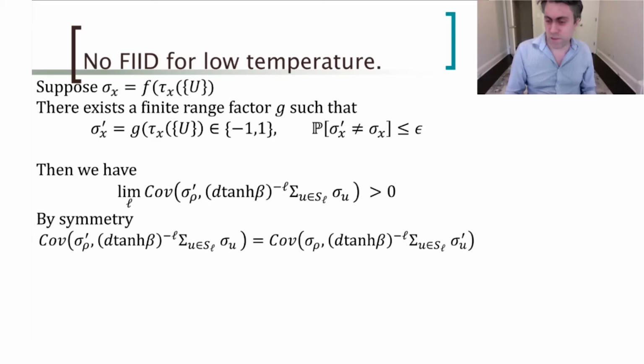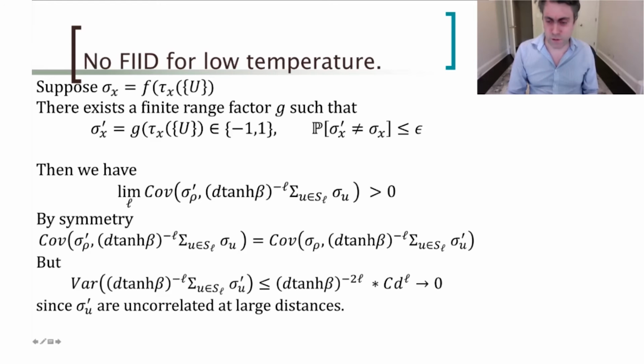So when we work out the covariance of the sum of the sigma primes, basically most of the covariance terms are 0. And so the variance of this term goes to 0 in this regime, because they have a finite range of correlation.